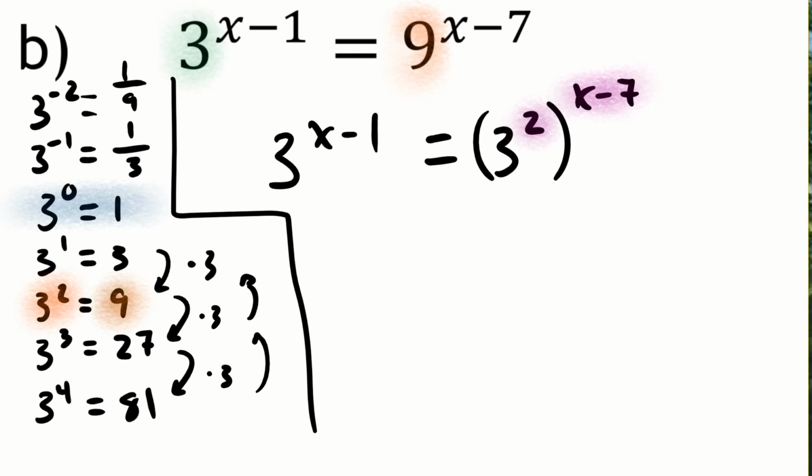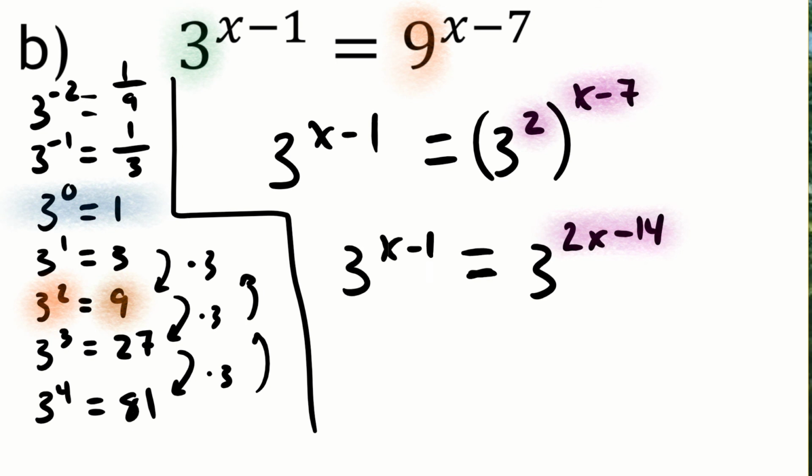So I can rewrite this as this base is 3, but I'm going to be raising it to the 2 times x, which is 2x, and then 2 times negative 7, which is negative 14 power. So this 2x minus 14 is exactly what I get when I multiply 2 times x minus 7. On the other side, I didn't change anything. It's just still 3 to the x minus 1.